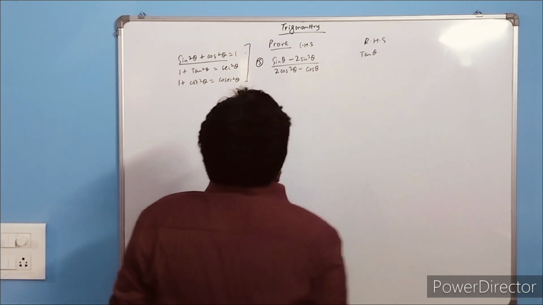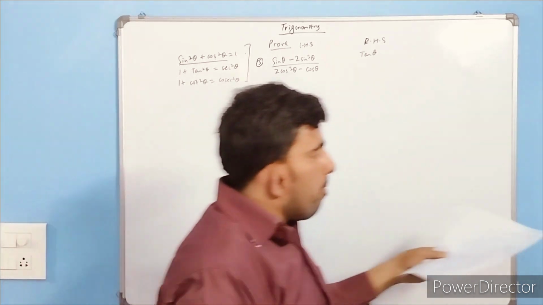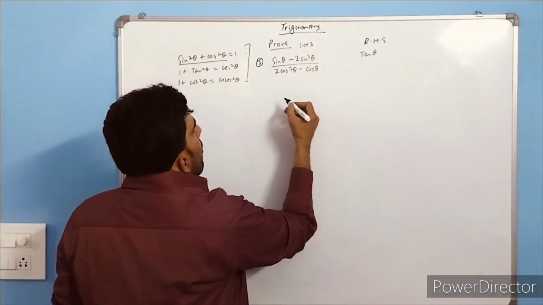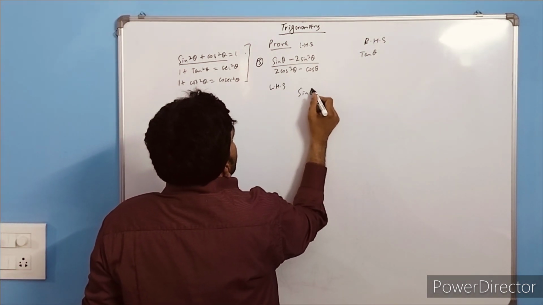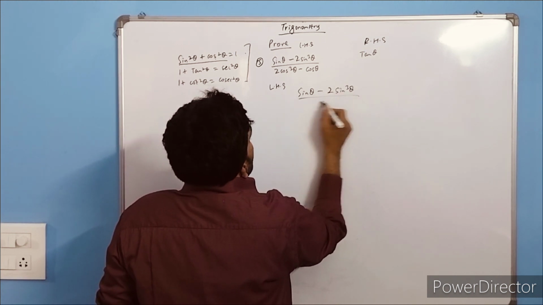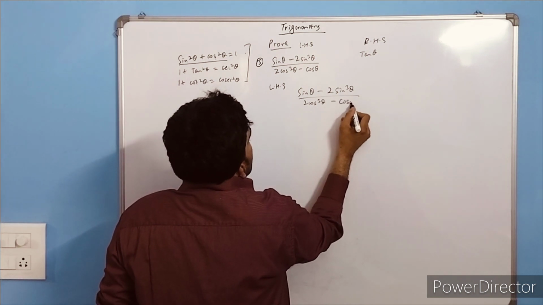So we have to solve only LHS. Let us see how we can do it. Very simple. LHS they have given sin theta minus 2 sin cube theta upon 2 cos cube theta minus cos theta.